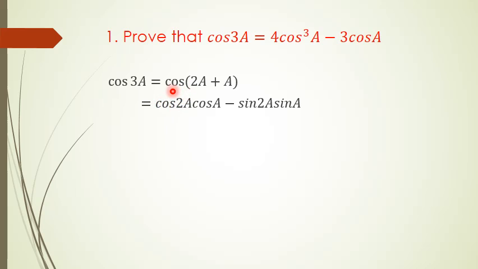Now the double angle formula for cos 2a has 3 options. We have to choose carefully. We are guided by the result we want to produce here.